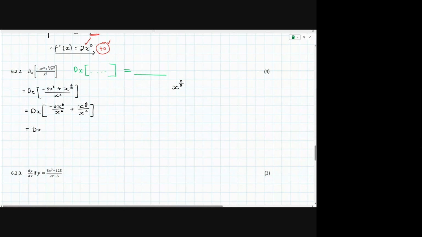So when I simplify this first term, 2 x's in the denominator cancel with 2 x's at the top, leaving me with just a minus 3x. And then remember, your exponent laws say that you subtract exponents when you divide. So this x to the power 2 over 5 divided by x squared, according to exponent laws, would be x to the power 2 over 5 minus 2.